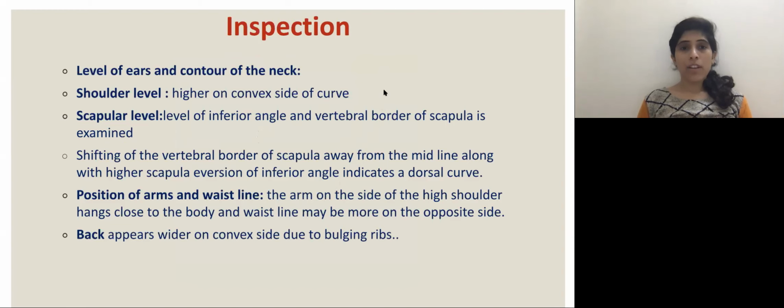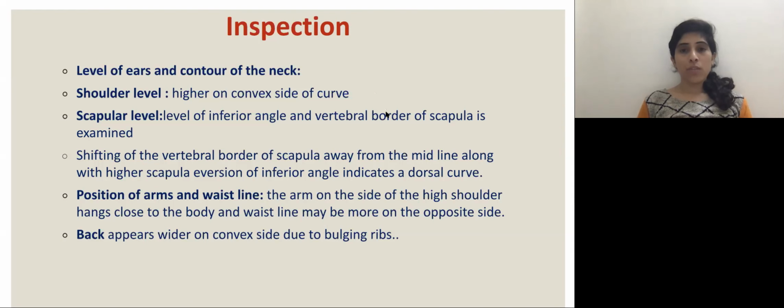Then scapular level, the level of the inferior angle and the distance from the vertebral body to the scapula should be checked. The vertebral body will get shifted away from the midline, and the inferior angle of the scapula also will go more in the outward direction.